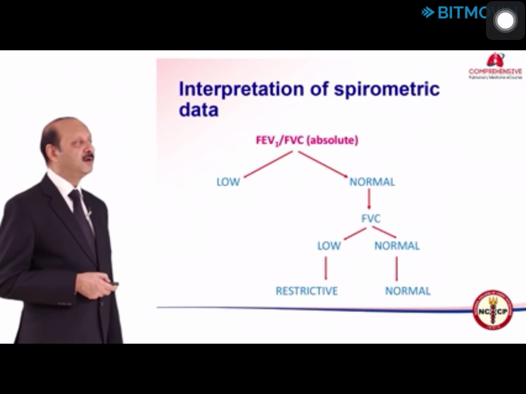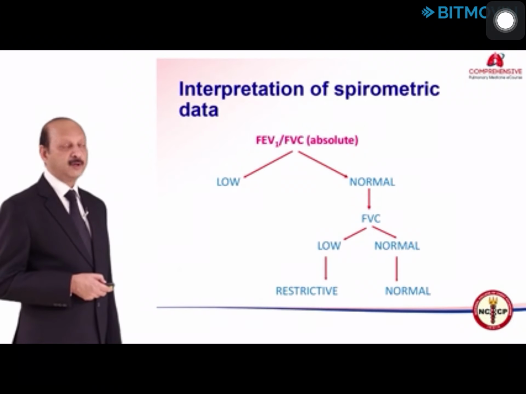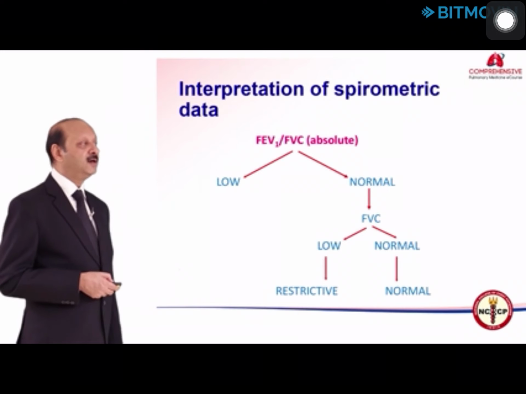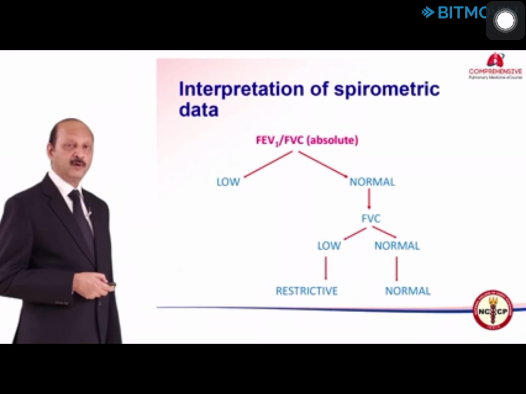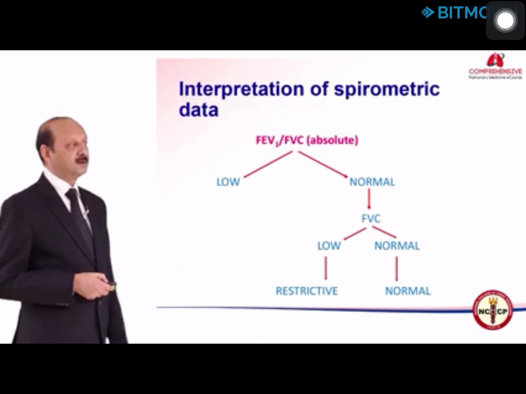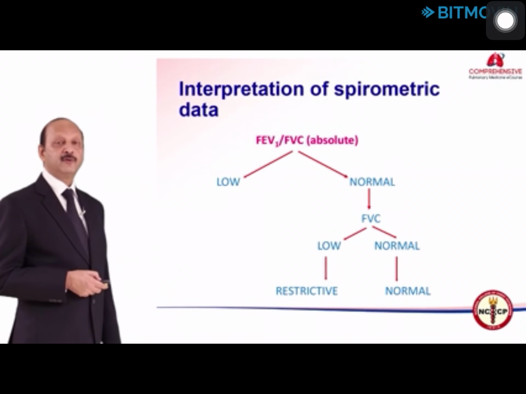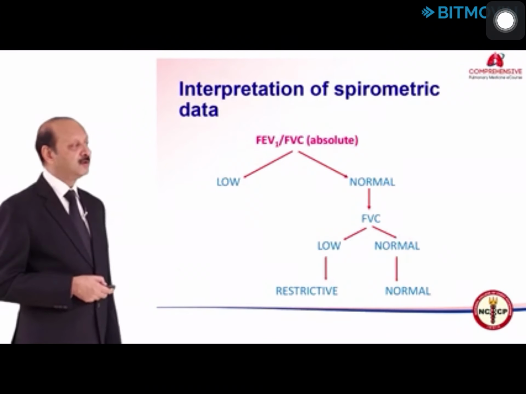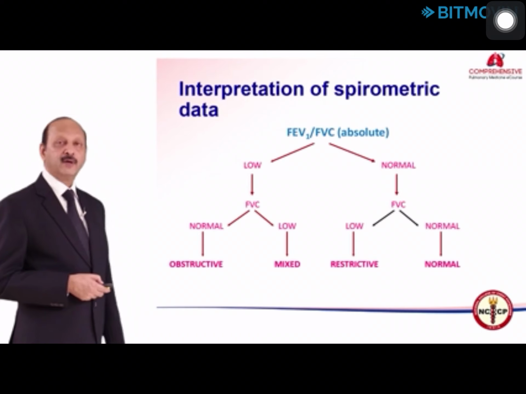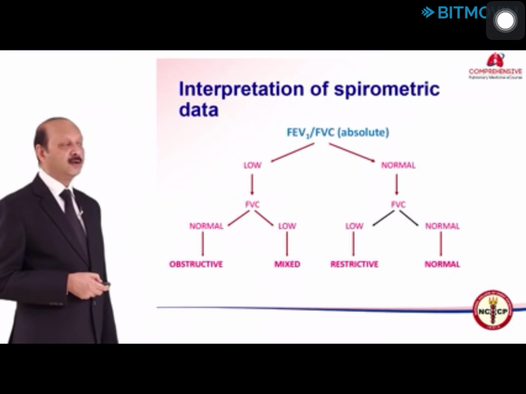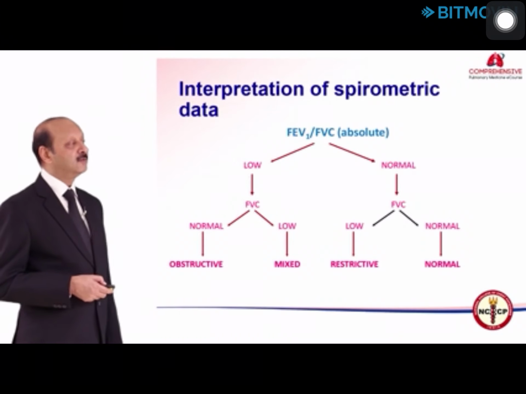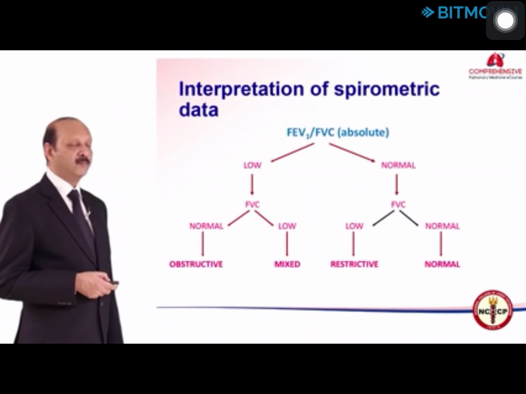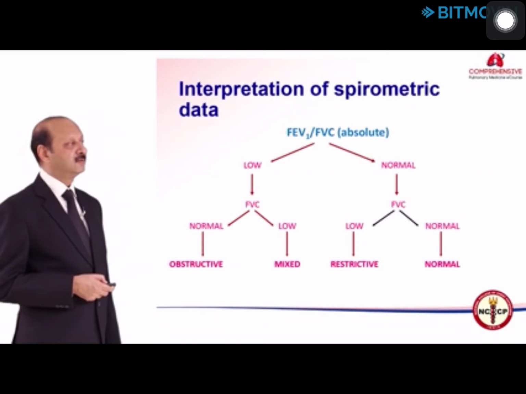On the other hand, if the FEV1 FVC ratio is normal, that means there is no obstruction, and you find the vital capacity is low, this person is having restrictive lung functions. So, if you combine all four by looking at the FEV1 by FVC ratio and looking at the FVC, you can classify the person as obstructive, mixed, restrictive, or normal lung functions.